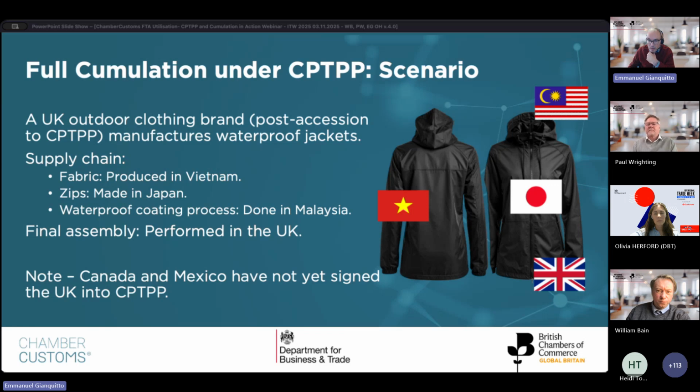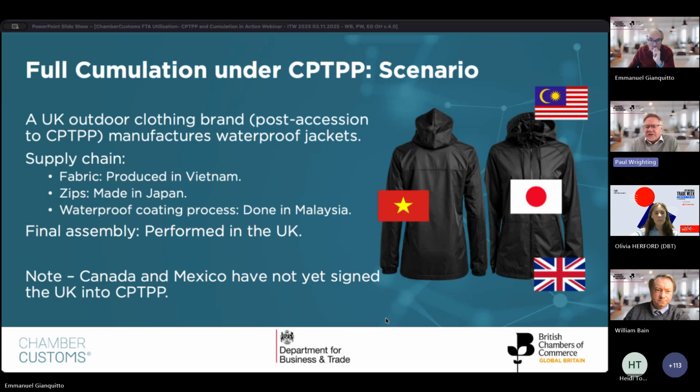Yeah, and I think that's absolutely right. So just in answer to those questions, it might be change of tariff heading. It might be regional value content. It depends. There isn't one answer that fits all. If you've got change of tariff heading, for instance, then usually cumulation is not important at that point.